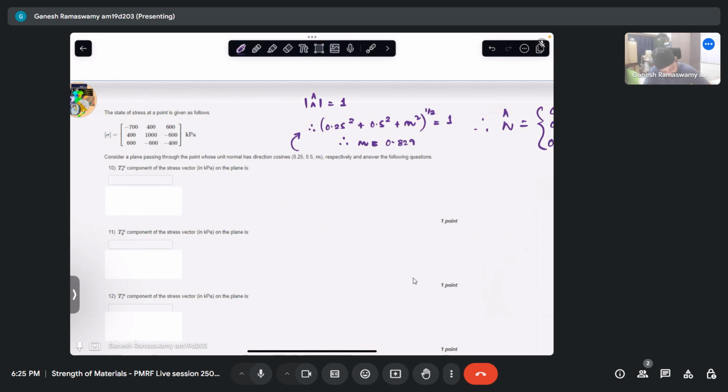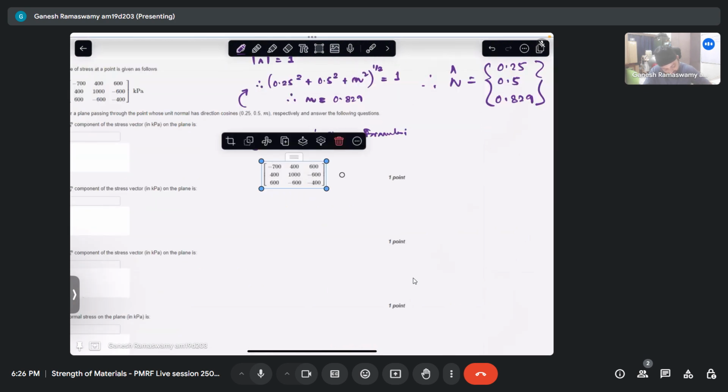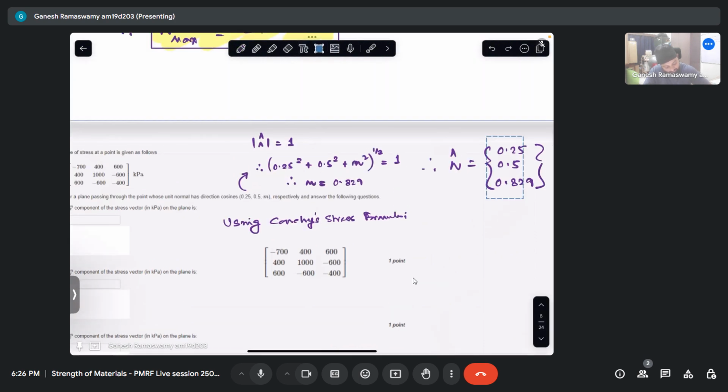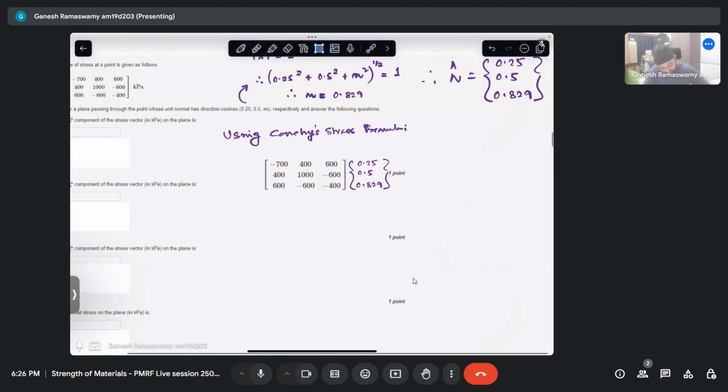Using Cauchy's stress formula, we have that matrix acting over this vector in order to give the traction vector at n.